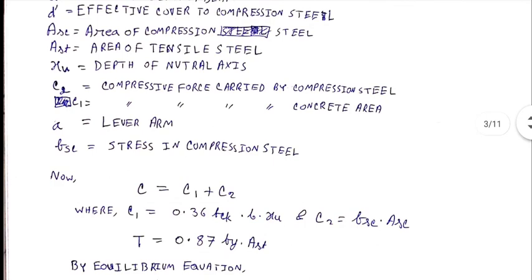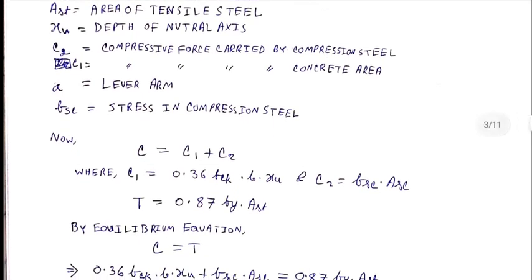Now total compression C is equal to C1 plus C2. You already know what is C1 and what is C2. Now we know C1 is 0.36 fck into b into xu, and C2, the compressive force carried by compression steel, equals stress in compression steel, that is Fsc, into area of compression steel, that is Asc.